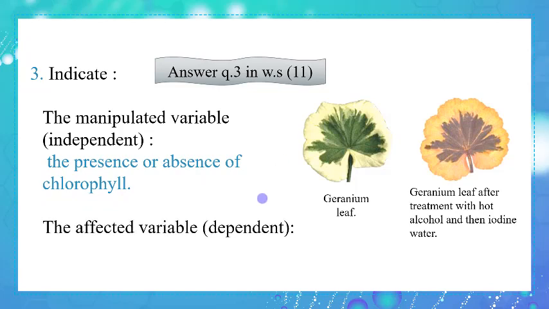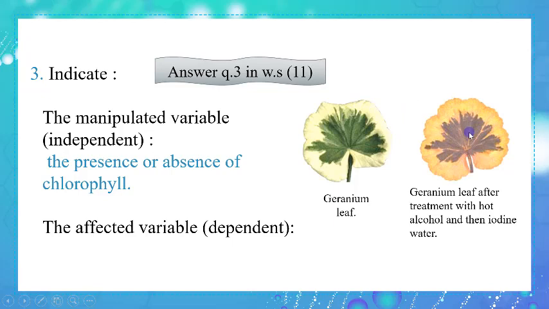What is the affected variable or the dependent variable? What was affected by the presence or absence of chlorophyll? A blue color in the presence of chlorophyll, while a brown color in the absence of chlorophyll. What does the blue color indicate?